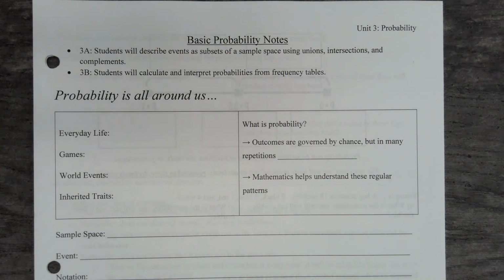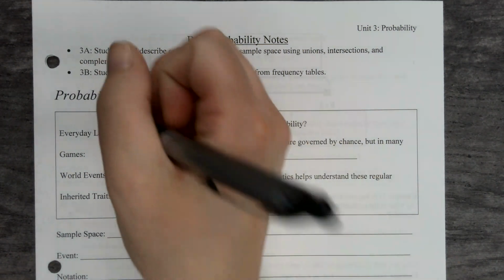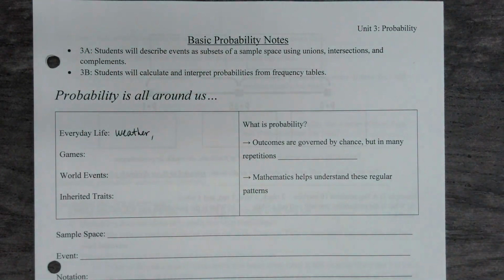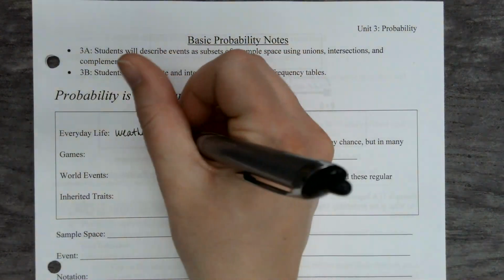Let's first talk about how probability is literally all around us. This is the one thing that you will probably use in everyday life. When we talk about everyday life, we talk about weather, so the percent chance that it's going to rain or have a tornado or whatever. We could also talk about traffic.